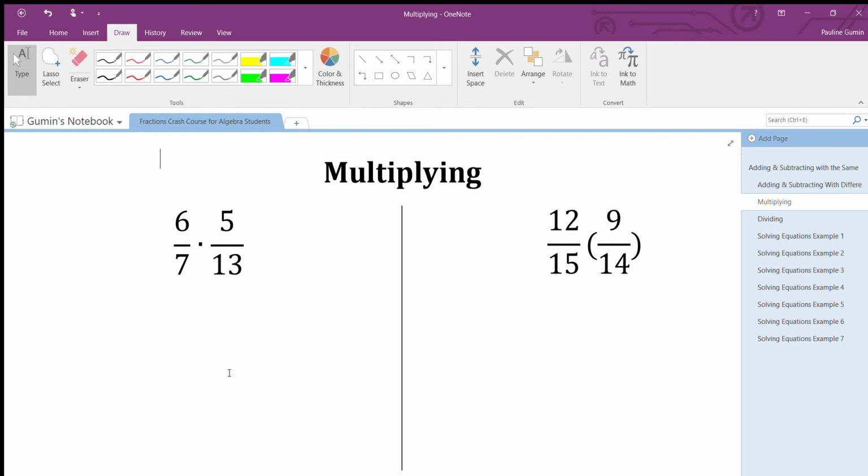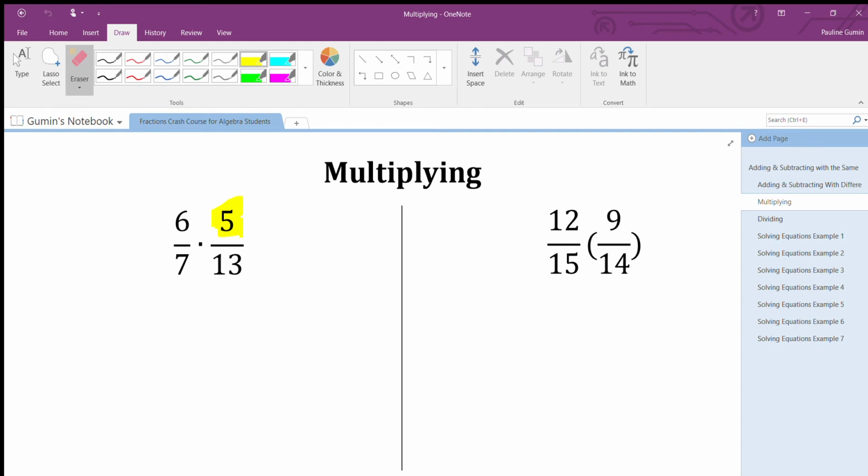So speaking of reducing, let's see if we can reduce the 6 with anything. The only things that I can reduce 6 with are the 7 and 13 on the bottom. Can I reduce 6 with 7 or 13? Unfortunately not. How about the 5? Can I reduce it with 7 or 13?